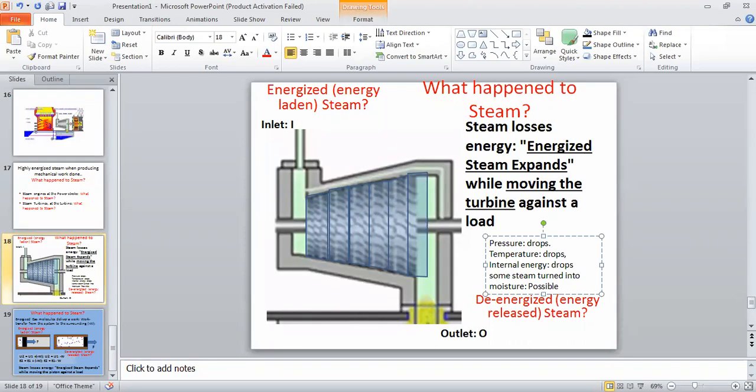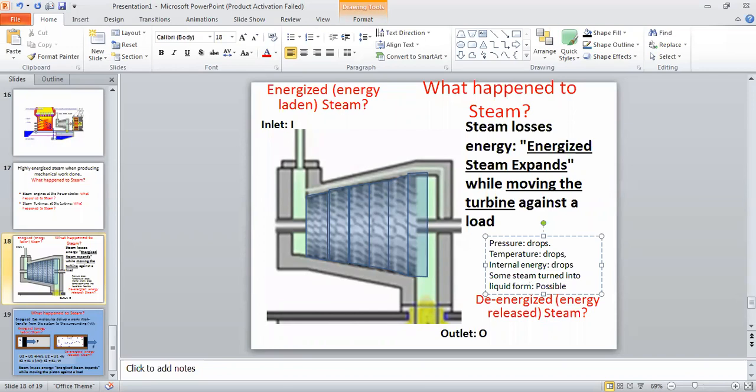Let's say moisture is doing this difficult work of turning the turbine. They feel less energy. Cannot move. Cannot move means this low energy steam, what happens? Part of that turns into moisture, means liquefied, turns into liquid form. So some steam turns into liquid form.